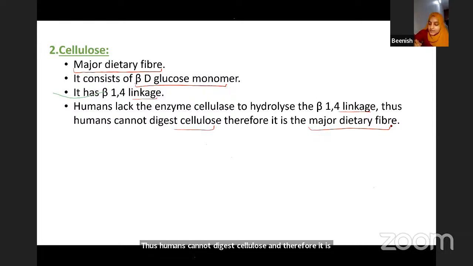Now you understand why cellulose is a major dietary fiber, because in cellulose you have beta-1,4 linkage and humans lack the enzyme which can hydrolyze the beta-1,4 linkage, and therefore it becomes a major dietary fiber. So this is an important question from an MCQ point of view.